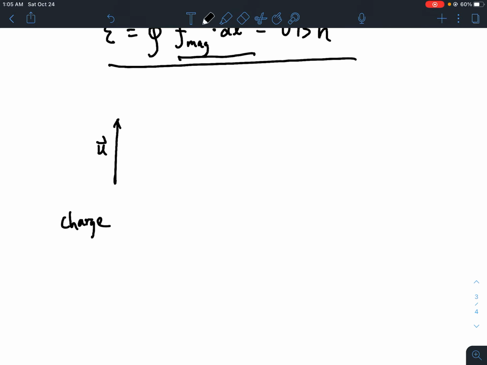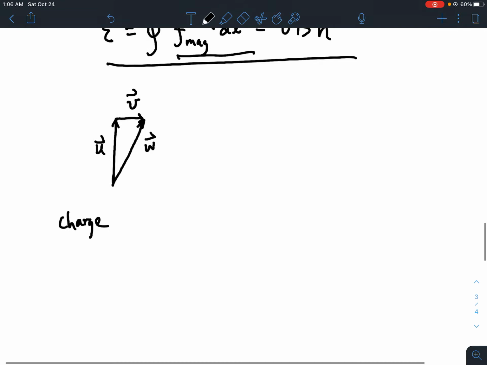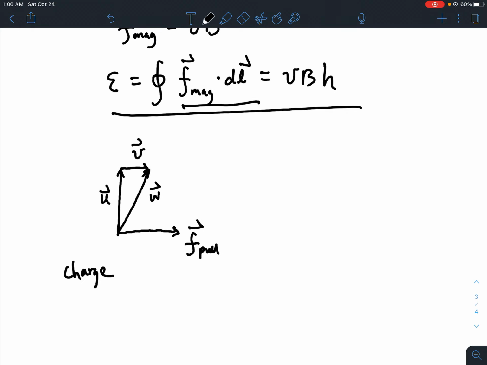It will cause the charged particle to move, and at the same time this whole wire is moving. So if you look at that particle, it's moving in this direction, its movement direction. At the same time, the force F pull is in the horizontal direction.